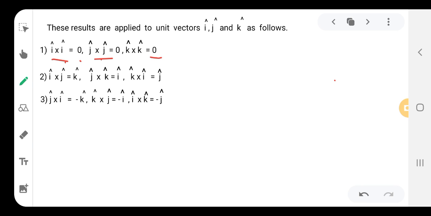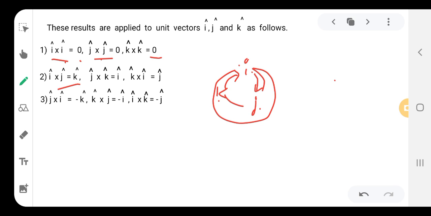Now we can multiply with the cycle like this: I, then J, then K, then again I. From I to J, J to K, K to I, right? In this cycle only we have to go. Therefore I cross J will give you K, then J cross K will give I, then K cross I will give again J. So this is the cycle, right?